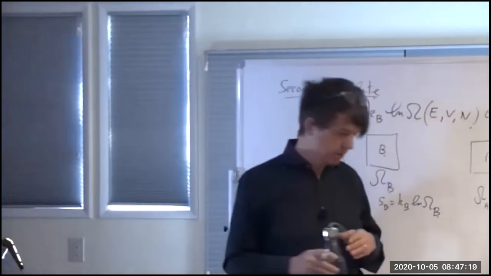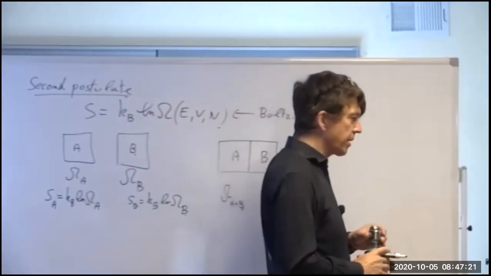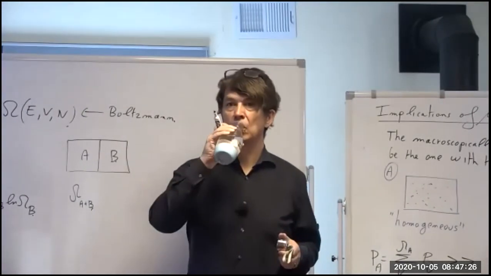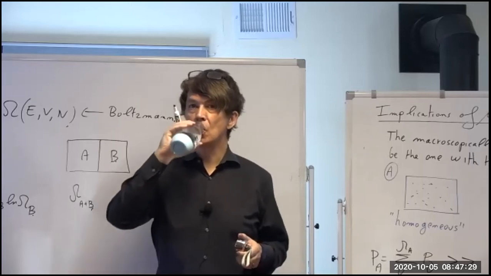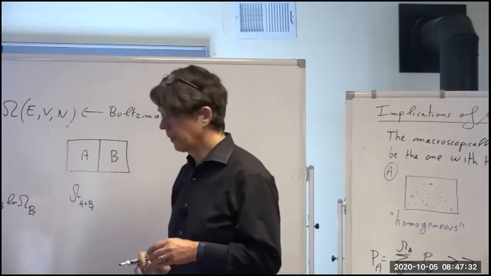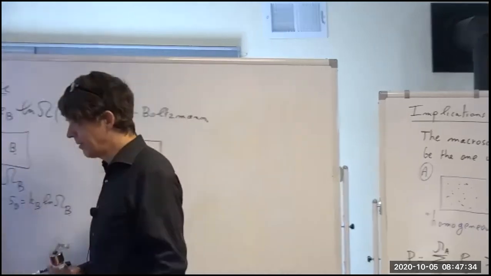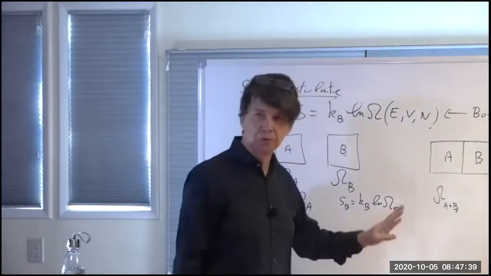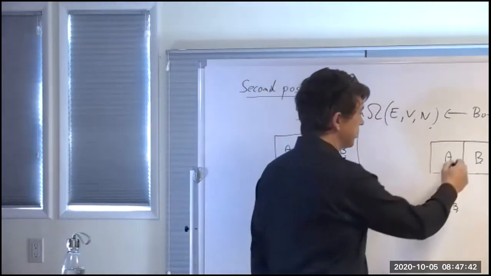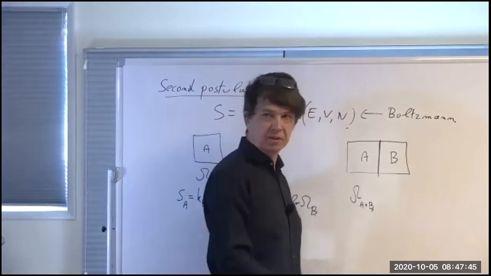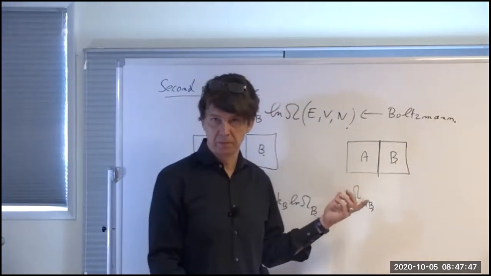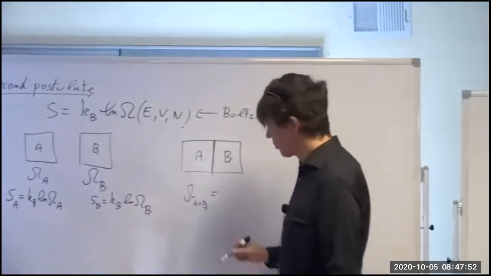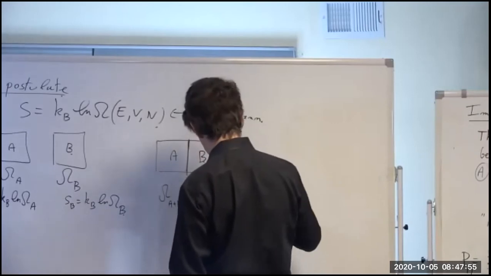What is the number of possible microscopic states for that system? Remember your probability theory, statistics, whatever you call it? Are you letting them mix, or are we just considering them as one? So they remain separated. I'm just looking at the joint. I have a system that's the joining of the two systems. Just the product of their omegas? Yeah. So the number of microstates is the product of omega_A, omega_B.